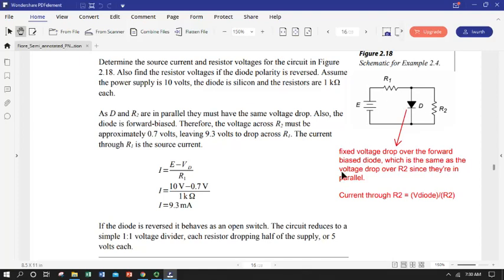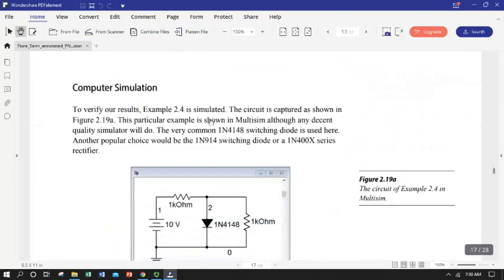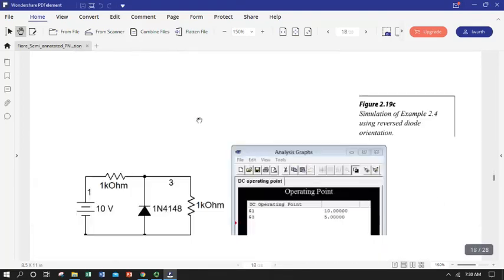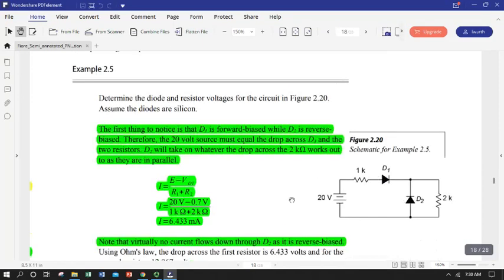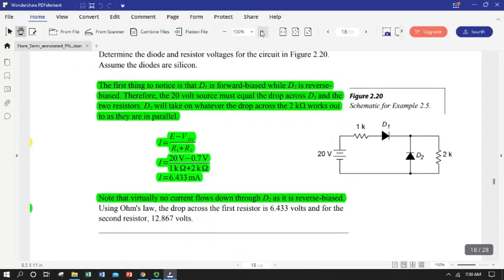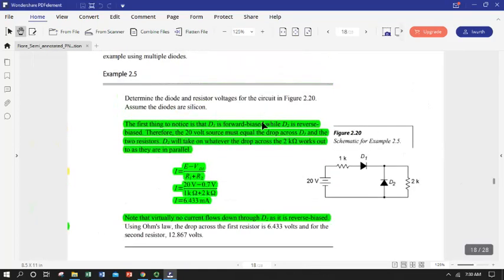So this is a great review of the basics that you learned in DC. Okay, there's a computer simulation you can run of that. I would definitely recommend you simulate all of these in TINA, in your simulation software. It's a great way to reinforce what you're doing, but also do some hand calcs.